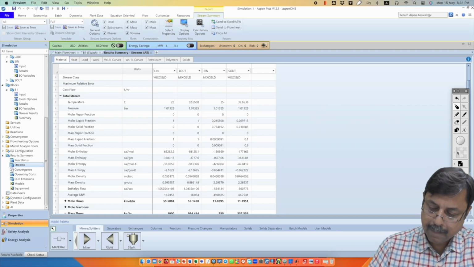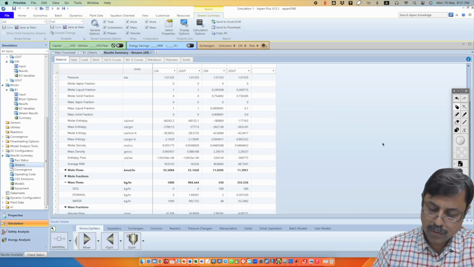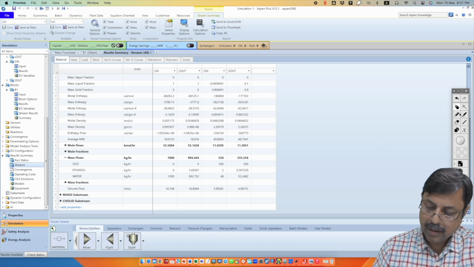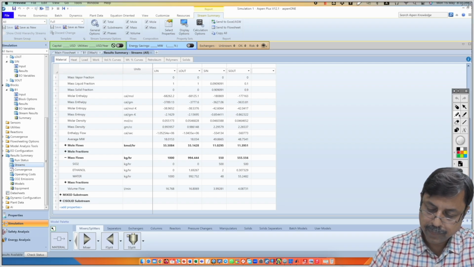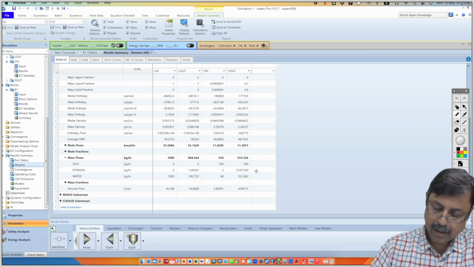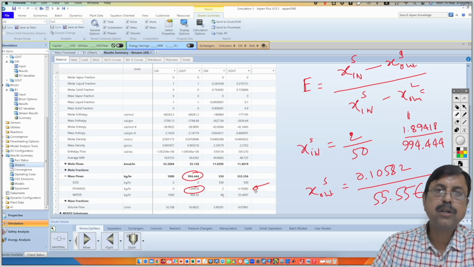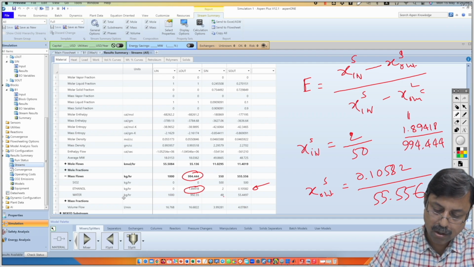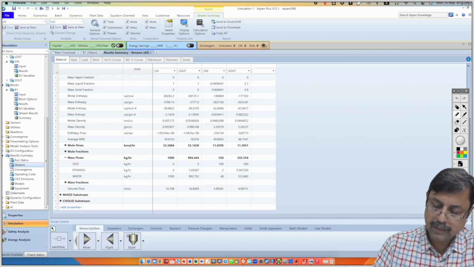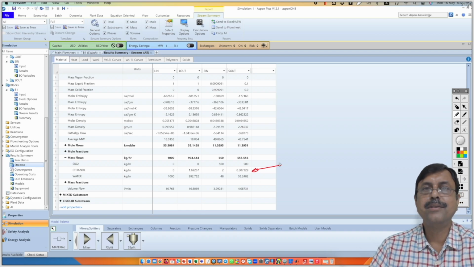And you come down and see the mass flow. Here you see 90% efficiency. Here you had 0.10582. So in the outlet of solid stream you had 0.10582, but in this case you are getting 0.30, so it has increased.